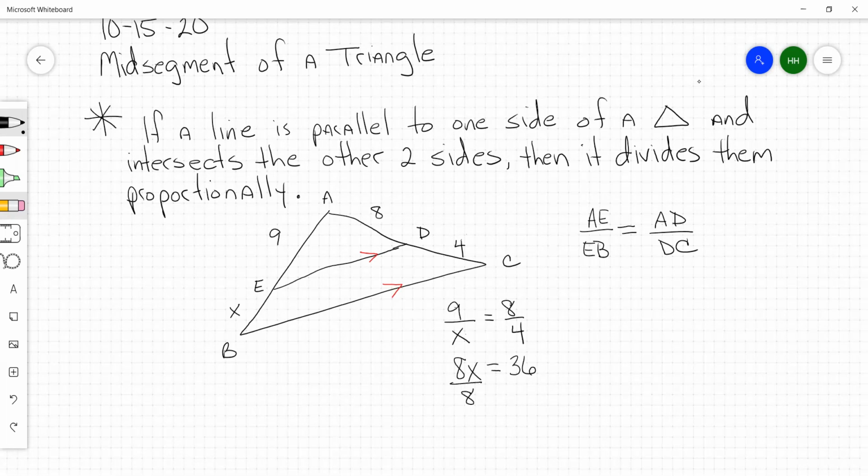And then you divide both sides by 8, and x equals 4.5. Everybody understand? Okay.